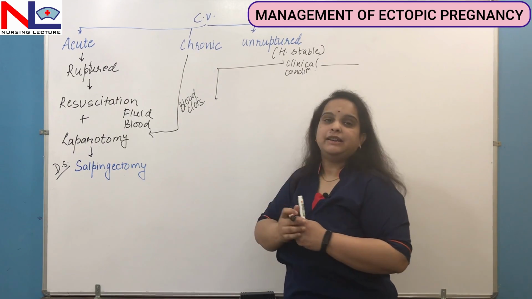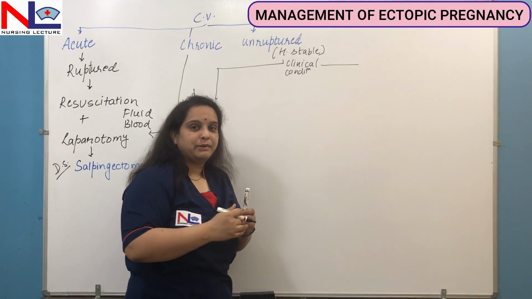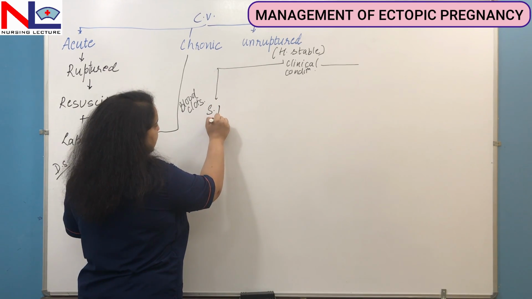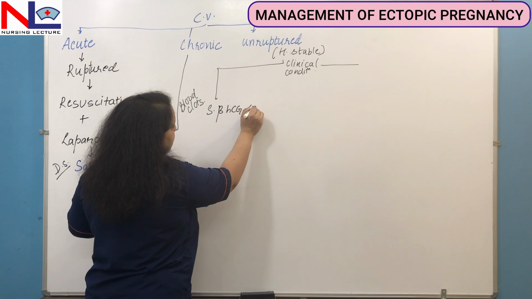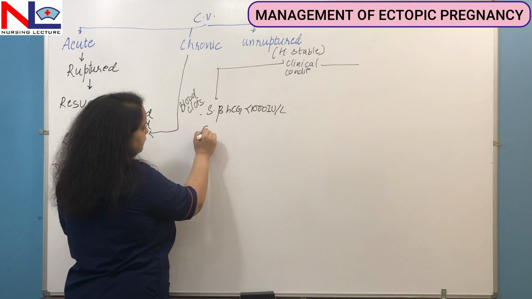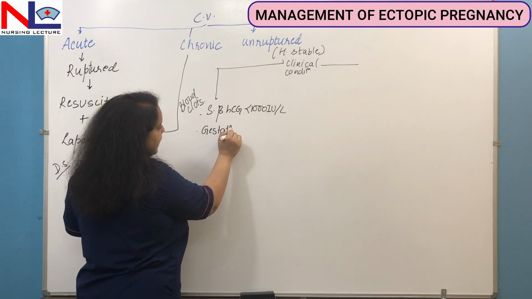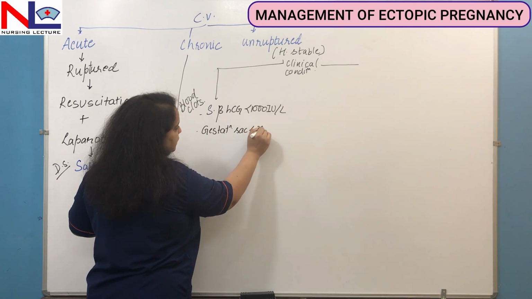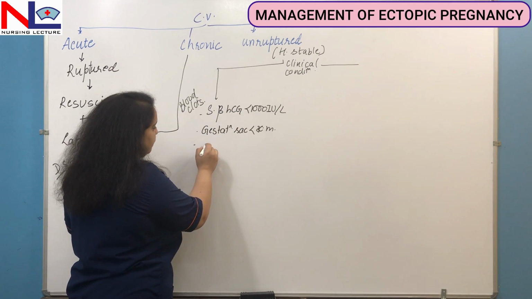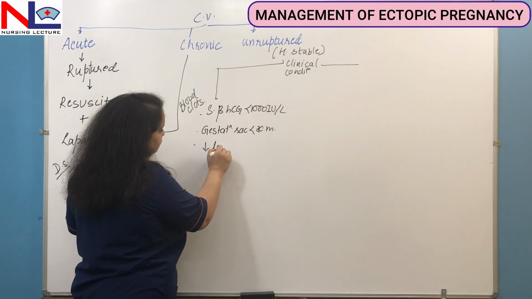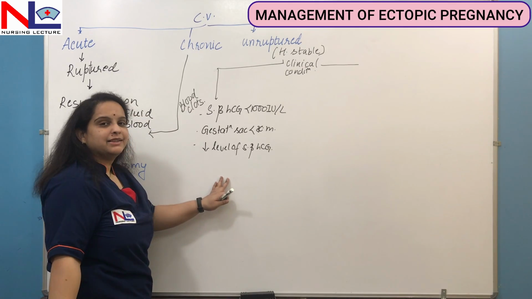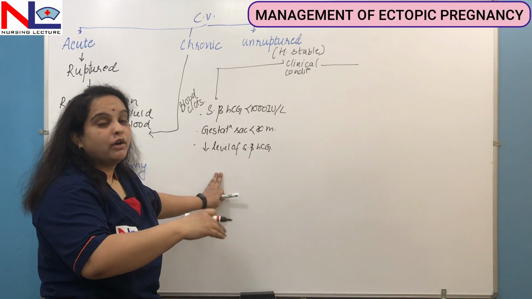So let's say in early weeks, suppose you are checking the serum beta HCG value. On examination, if you find serum beta HCG less than 1000 international unit per liter, along with a gestational sac size less than 3 centimeter, and on repeat, the beta HCG is declining, meaning it is continuously decreasing on repeat examination.